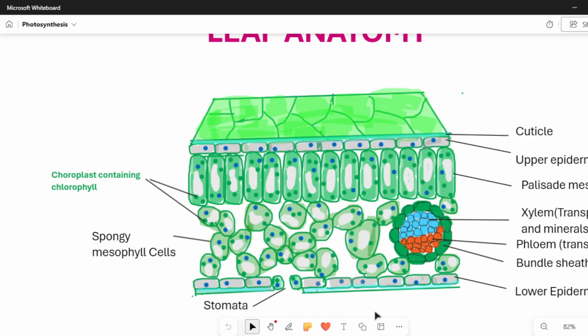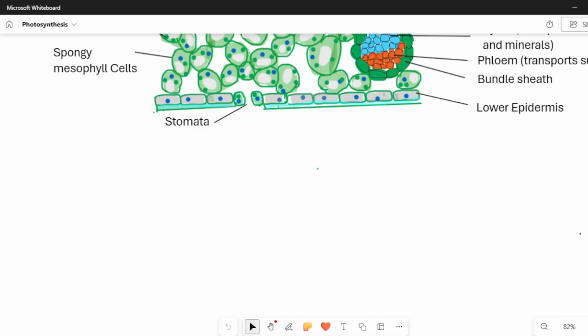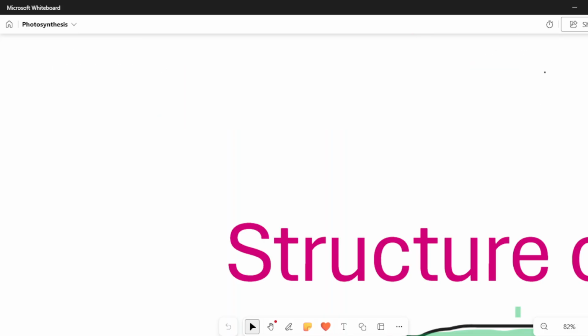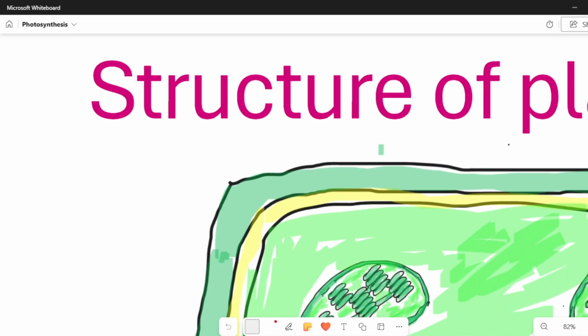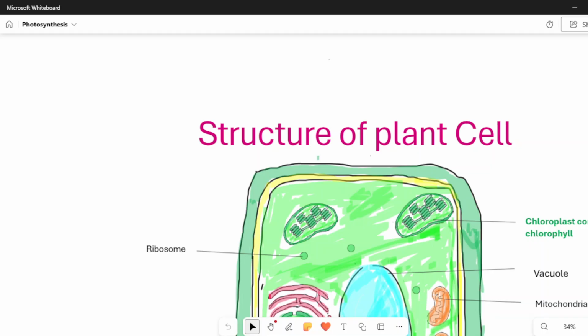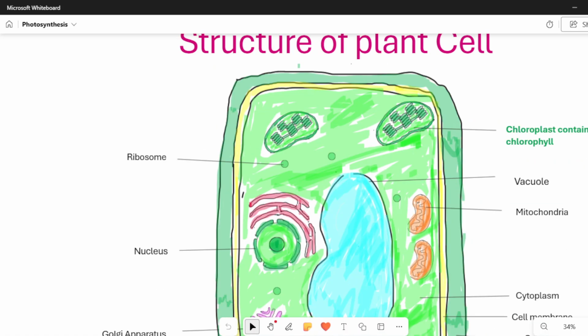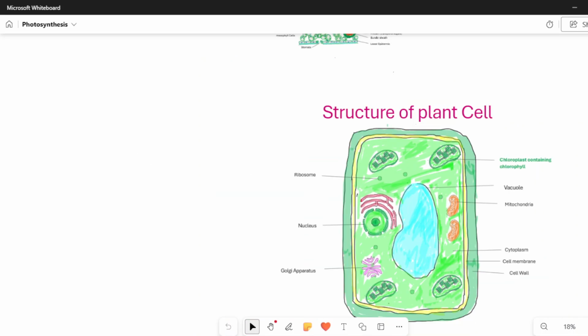So when I zoom further at a cell level, now we are taking a single cell. So let me zoom out. Now whatever you are seeing is the cell of the plant.